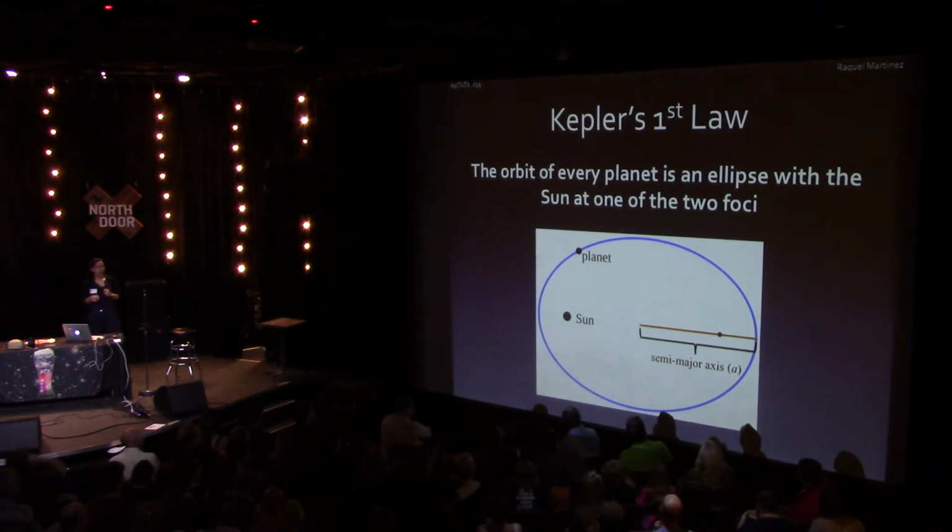Every ellipse is described by its eccentricity, basically how oblong the orbit is, and also its semi-major axis, which is equal to half the length between the 2 most distant points of the ellipse. It's demarcated here with an orange bar.